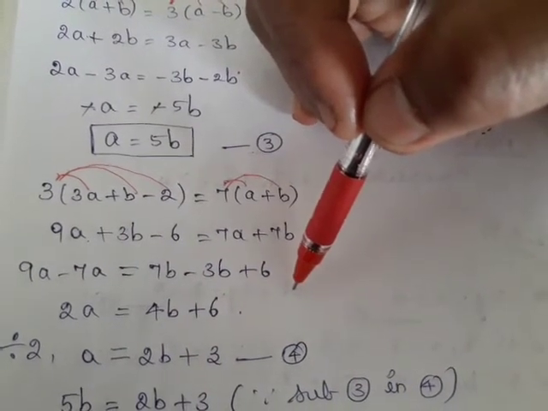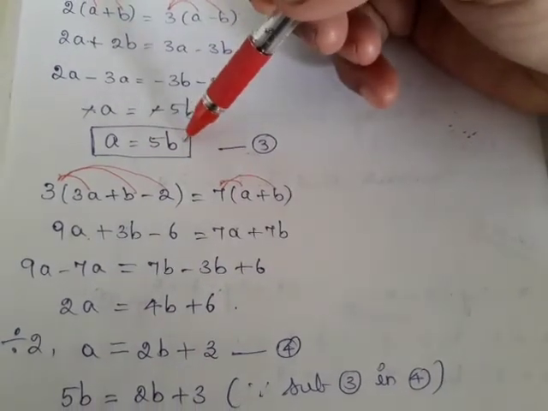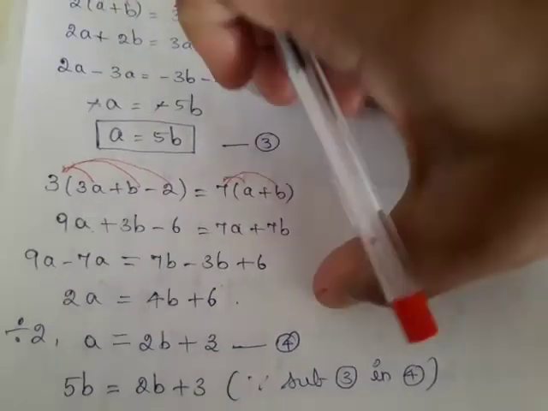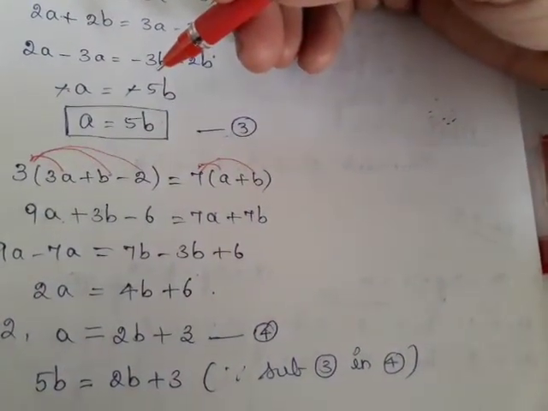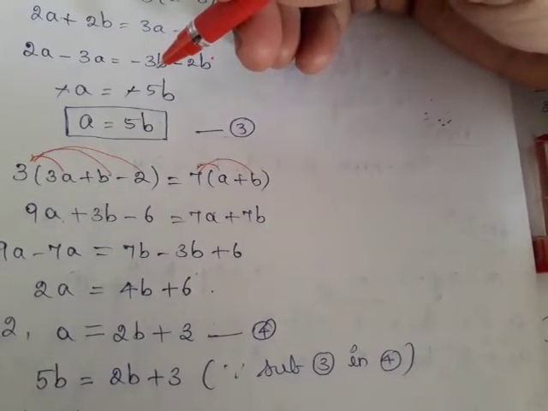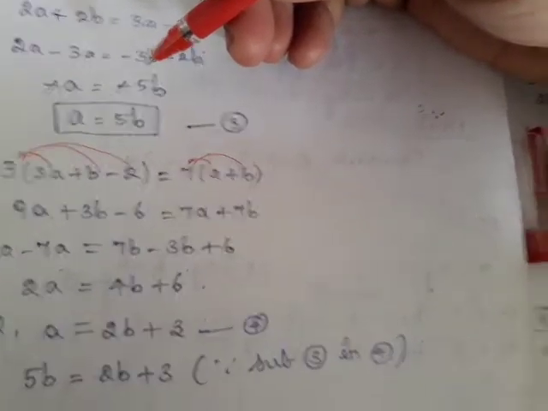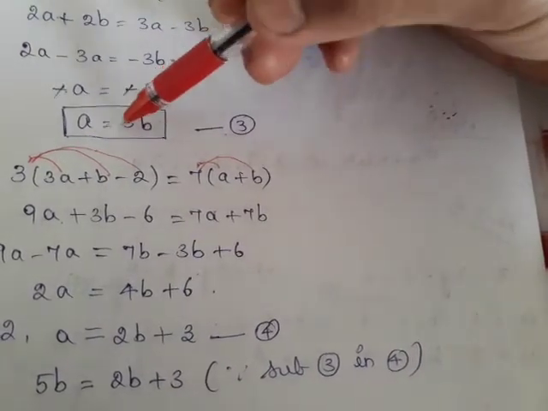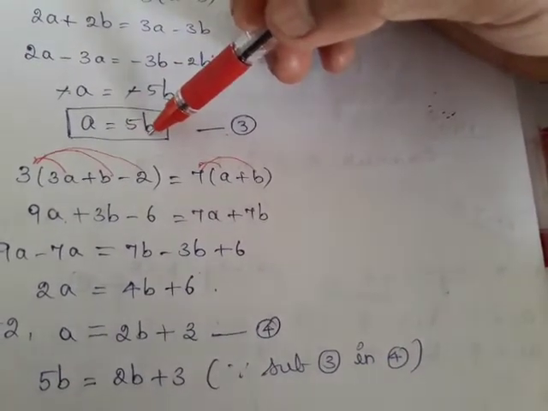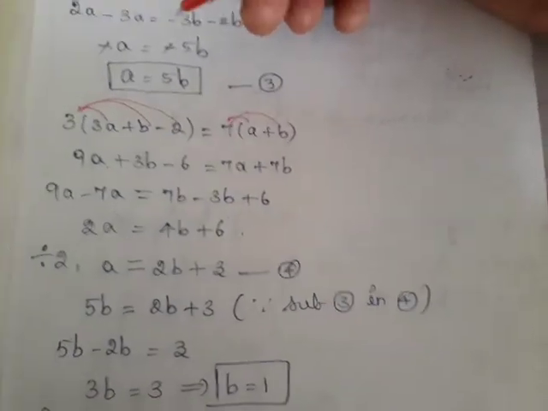Now what are we going to do? You can solve 3 and 4 to get the values of a and b. Again, you can solve it in either of the two methods, substitution method or elimination method, right? How will you eliminate? By making this an equation, a minus 5b is equal to 0. But here I solved it by substitution method.